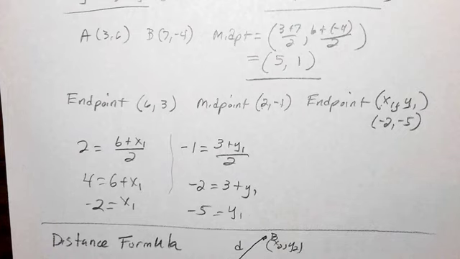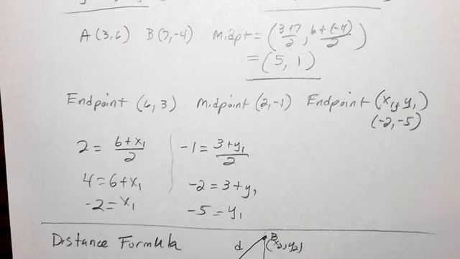We want to know what that length is. There's a formula, we'll get to it in just a minute, but it really comes from this. I'm just going to create a right triangle. There's the change in the x's and the change in the y. And the change in the x is just one of these minus the other one.